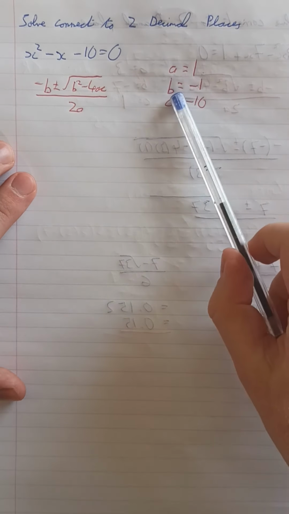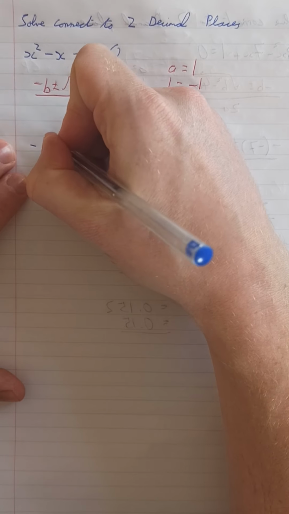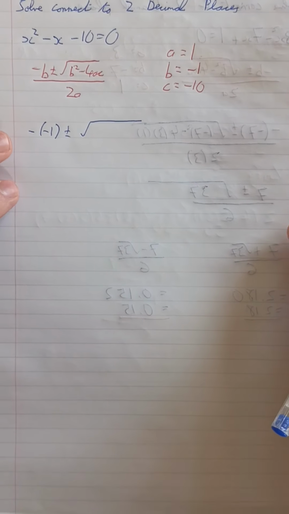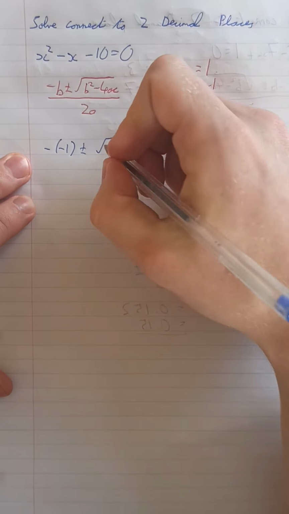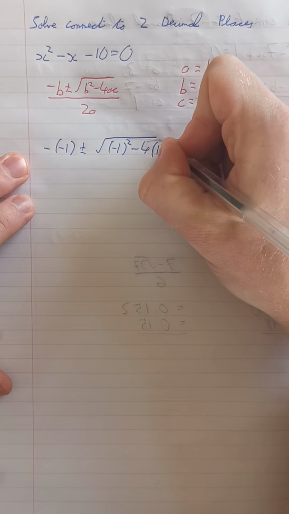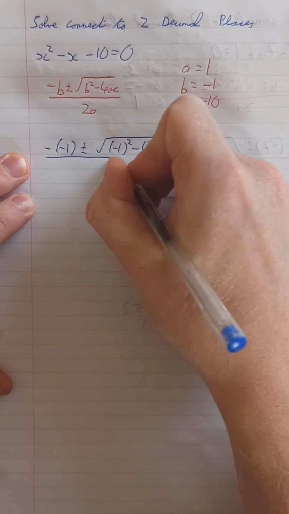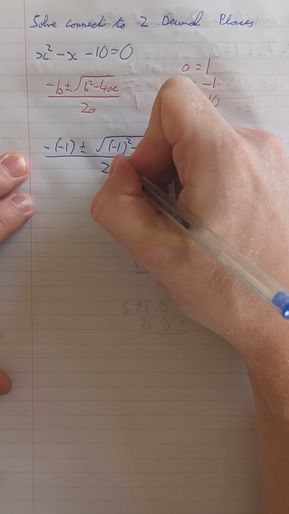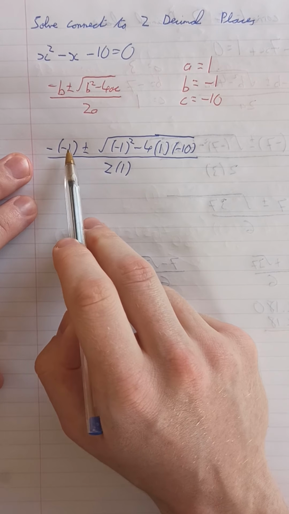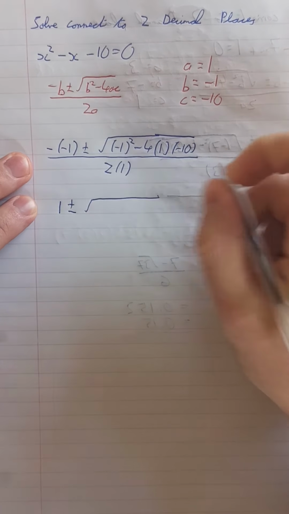Now let's put these into my formula, making sure to use the brackets. Okay, minus times minus 1 will get me just 1 on its own. Plus or minus.